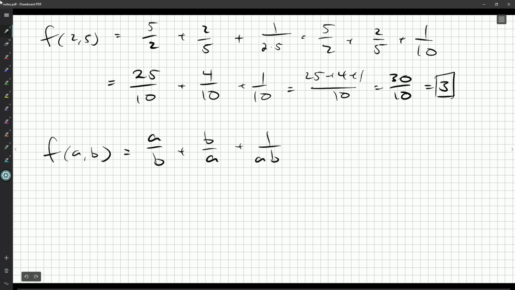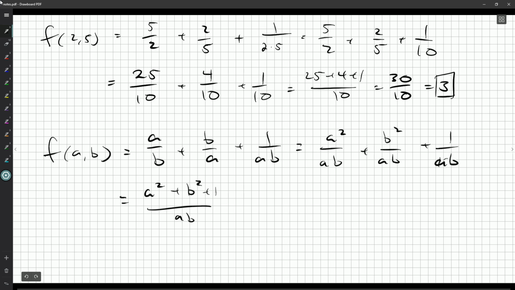It looks like we can put everything over ab. And that might be a nicer way to write it, because if I can combine it, we'll get a single fraction to work with. And we could have gotten this 3 up here perhaps a little faster.